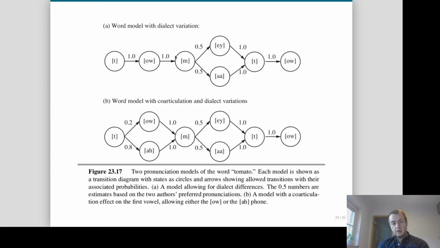The numbers that you see on each arrow correspond to the probability of encountering this or that pronunciation in practice. Again, these numbers are something that you should collect from data and estimate from data.